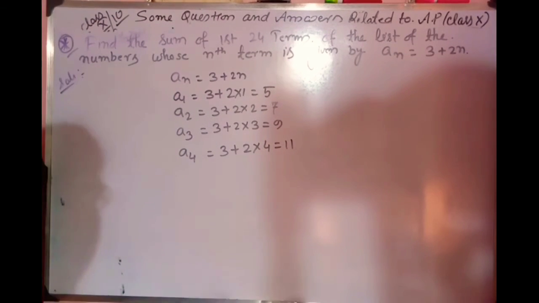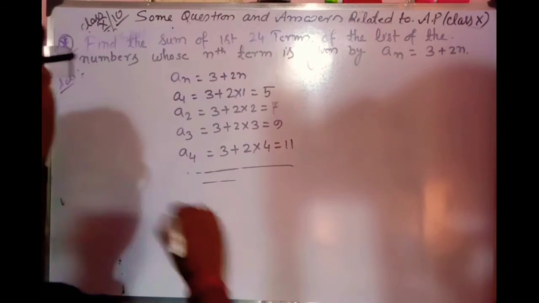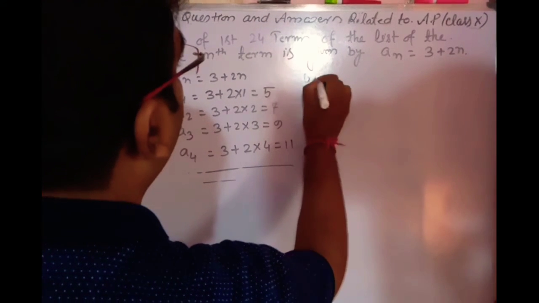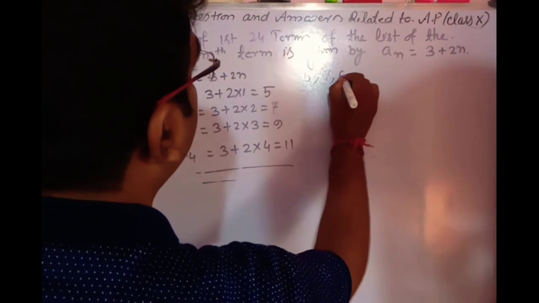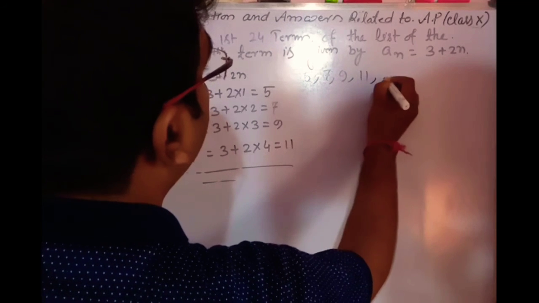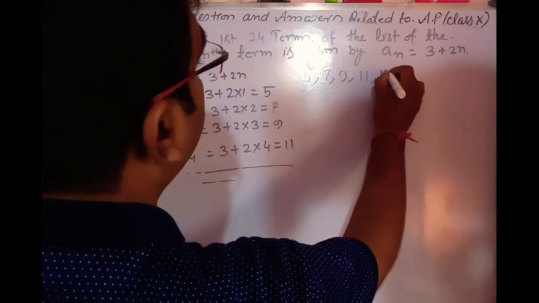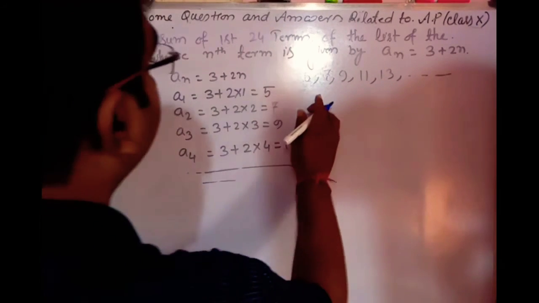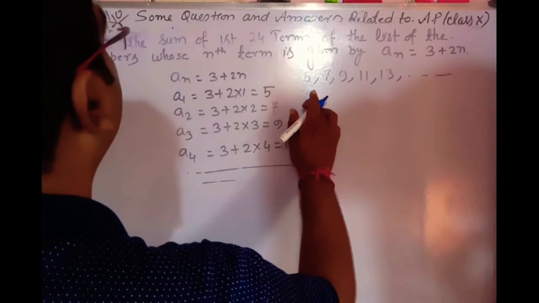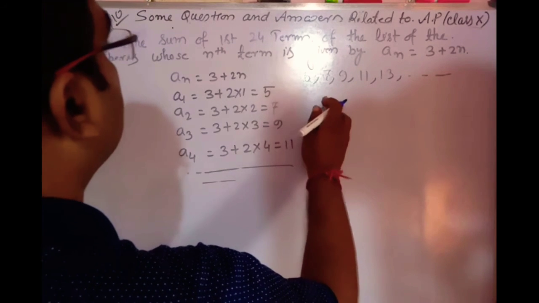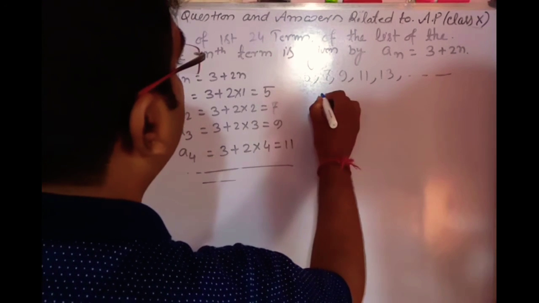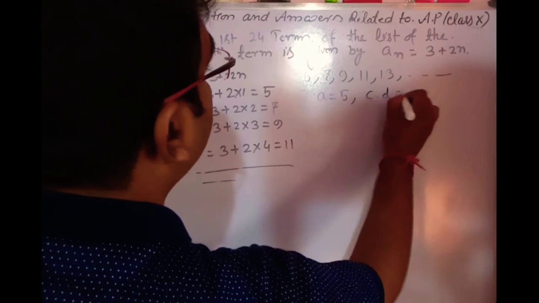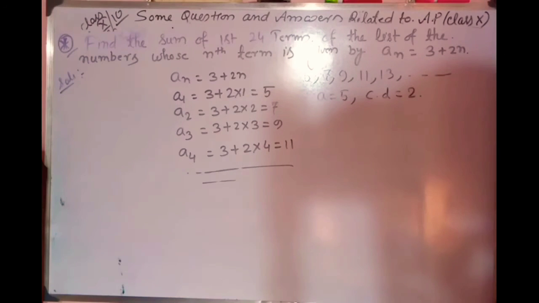That's it, and so on, and lastly an. So my series will be 5, 7, 9, 11, next 13, and so on. As you can see, a is equal to 5 and the common difference is 2. Understood?